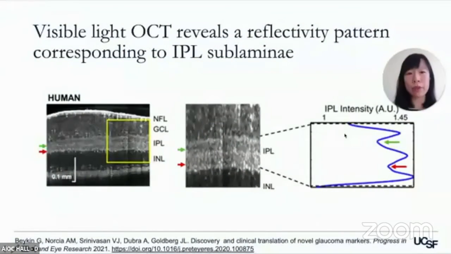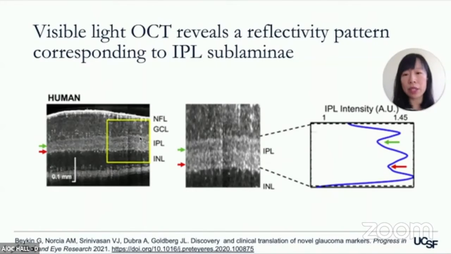So how can we use that information to look at the inner plexiform layer in novel imaging strategies? There are several groups working on this problem using visible light OCT. Conventional OCT cannot distinguish between the ganglion cell layer and the inner plexiform layer, so we have the ganglion cell complex.